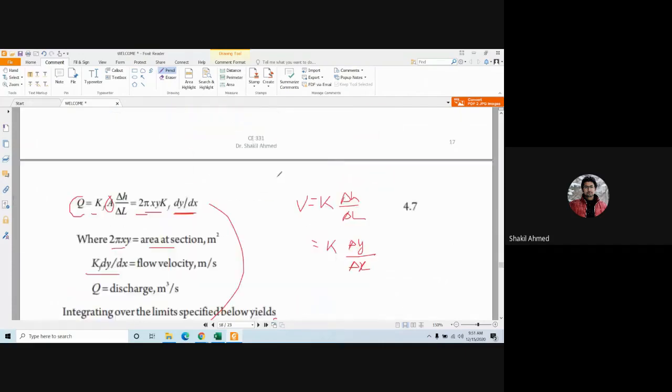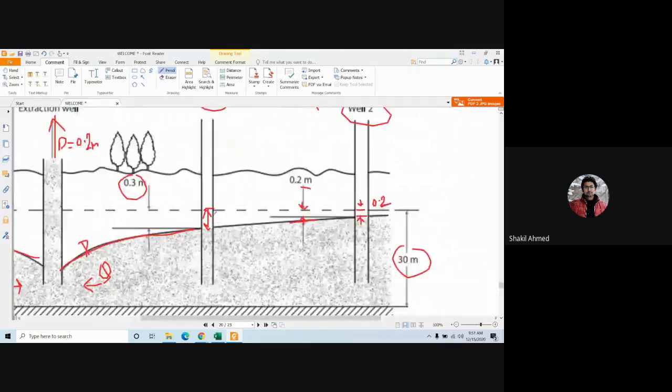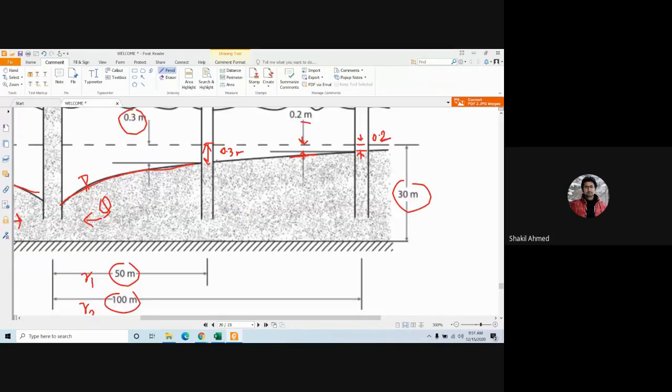So here you have been given the drawdown. This is 0.3 meter, am I right? So you have to determine H1 from the bottom. Yes, sir. So H1 will be 30 minus 0.3.